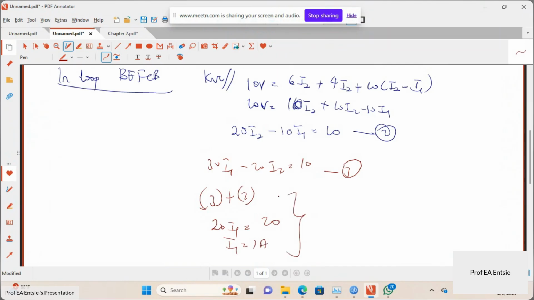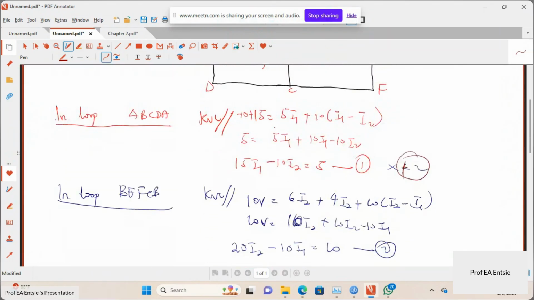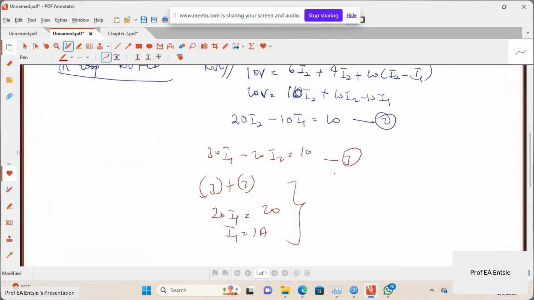So that is the current in the first loop, I1, which is 1 ampere. If you are able to find I1, you should be able to find I2. From equation 2, you will see that 20I2 equals 10 plus 10I1. So I2 will be equal to 10 plus 10 times the I1 we get here.